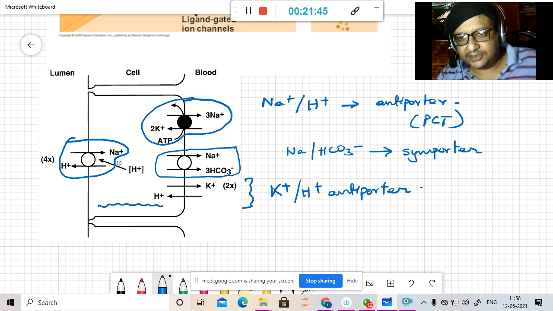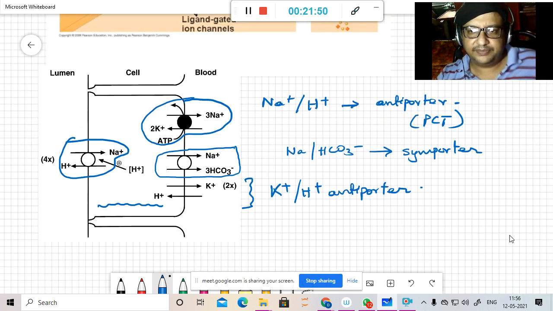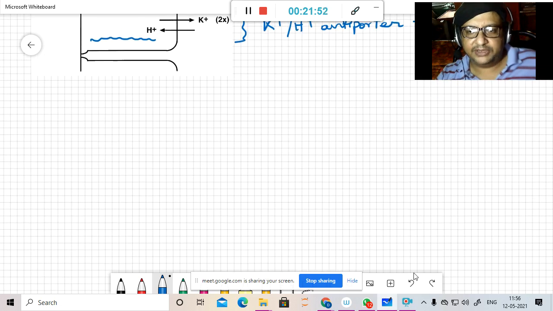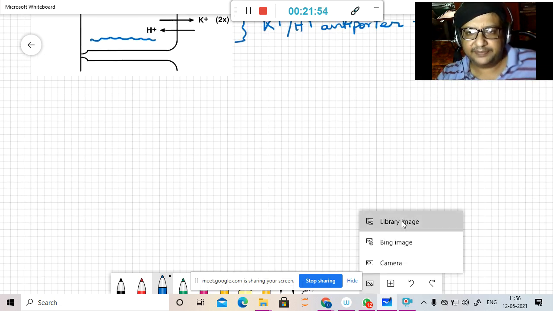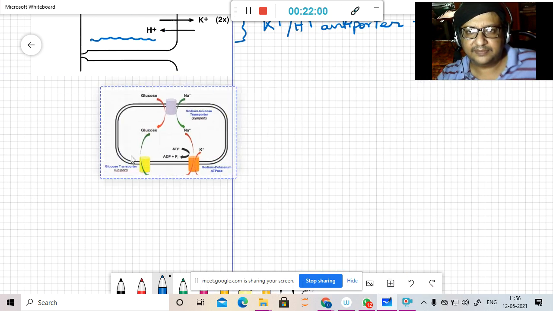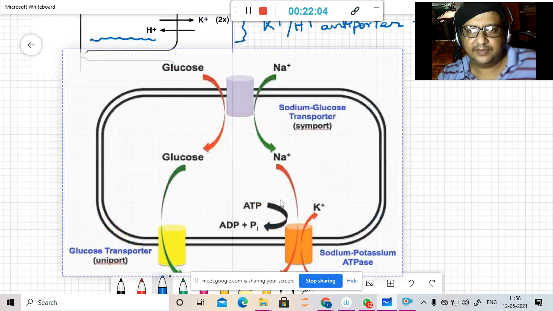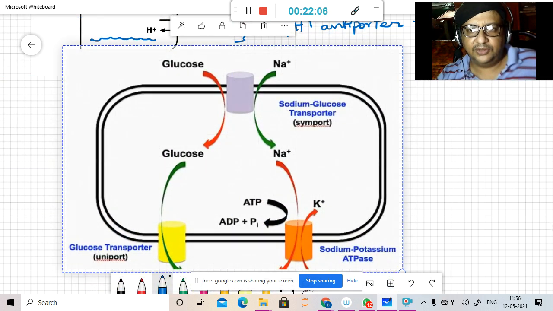Apart from them, let us look at the sodium glucose symporters, how they work. So this is the sodium glucose transporter.